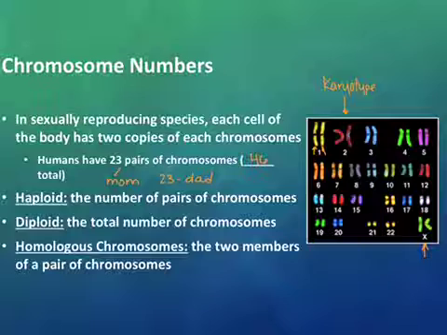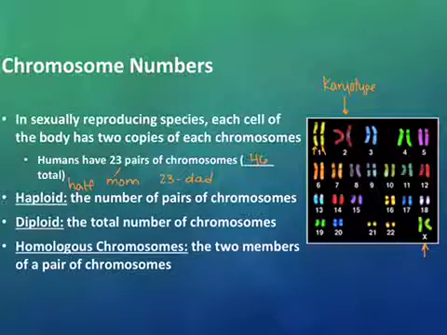So a haploid cell will have half the number of chromosomes. Half, I think we're missing the word half up here. And diploid cells are cells that have the total number of chromosomes.